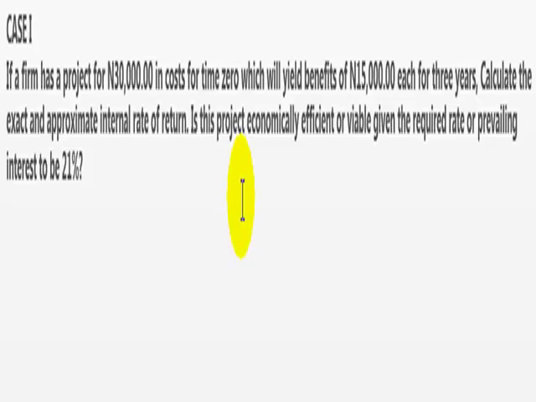So the output is to calculate the approximate and the exact internal rate of return, and the input variables are the 30,000 naira cash outflow and the 15,000 naira cash inflows. The next thing we are going to do is input this data into our Excel spreadsheet to enable us to calculate the internal rate of return.